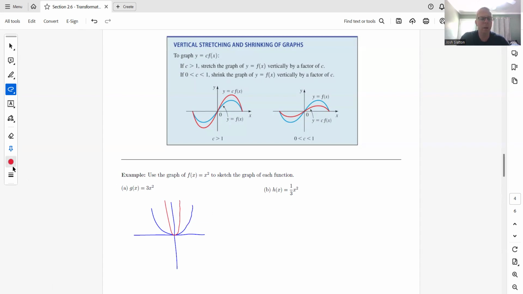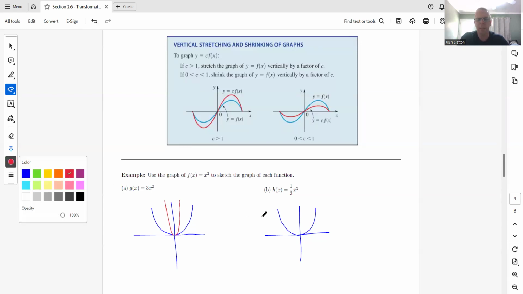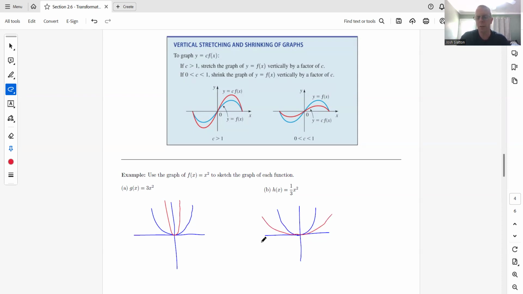And then if we have h of x is 1/3 x squared, here is our x squared, and then this is going to shrink vertically, and this makes it flatter, like that. So if x is 1, y is 1 when we're talking about x squared. If we're talking about 1/3 x squared, when x is 1, then y would be 1/3. So the y value goes down.